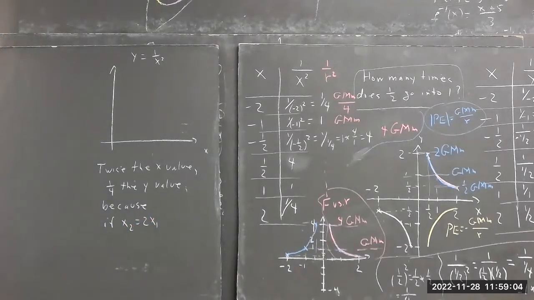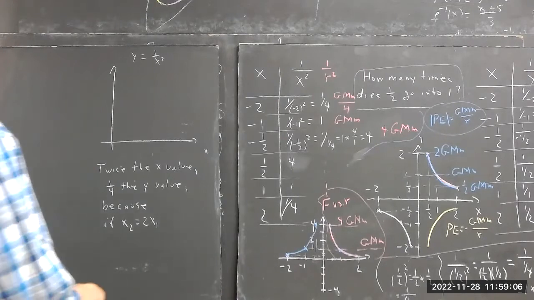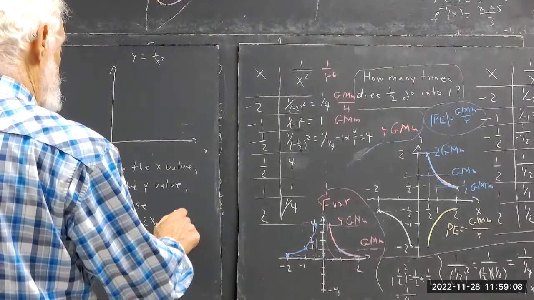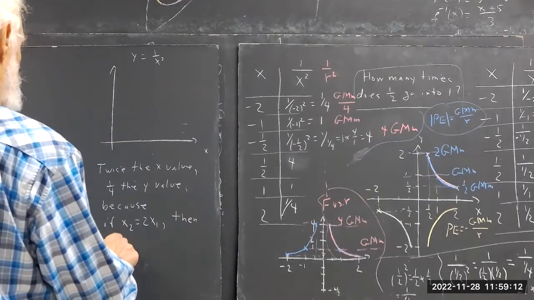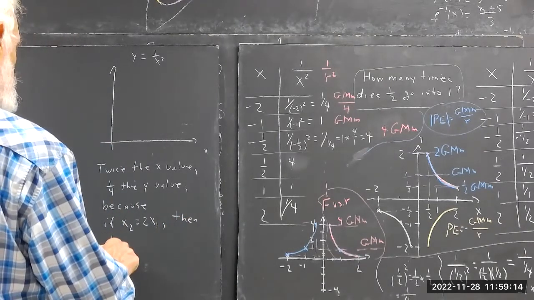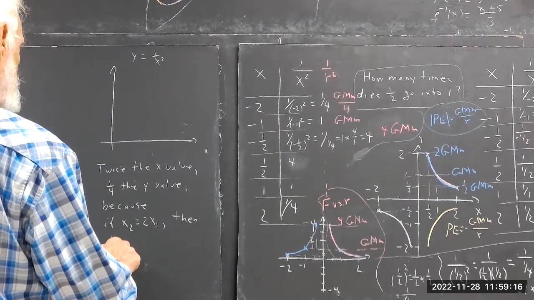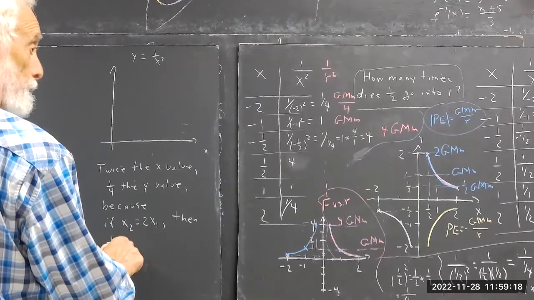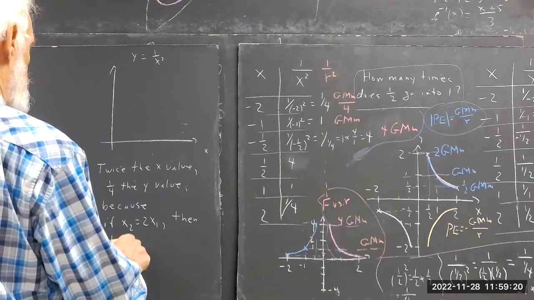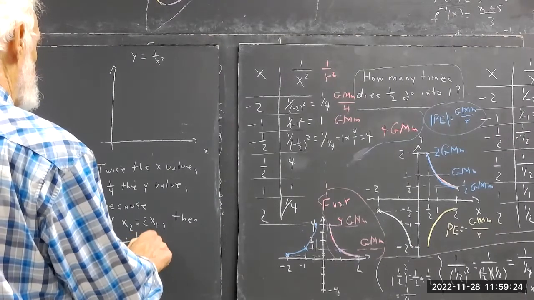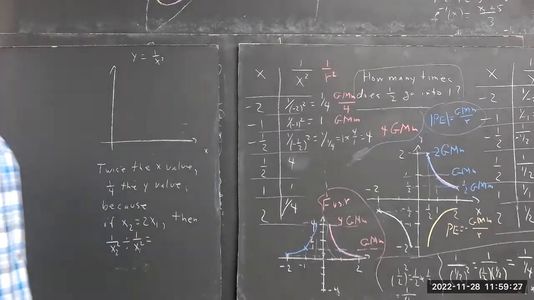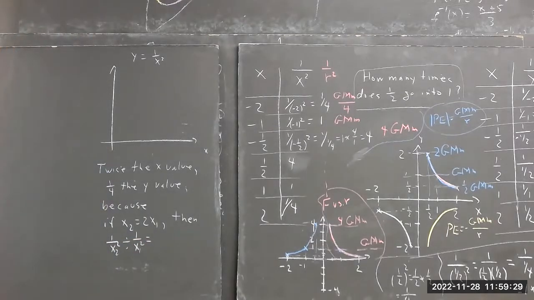Because X2 equals 2X1. And 1/X2 squared divided by 1/X1 squared equals what?